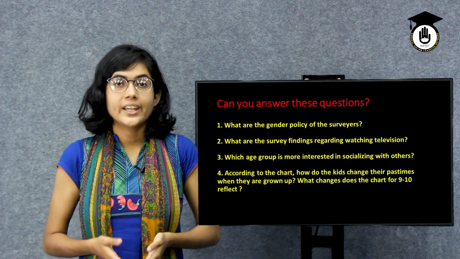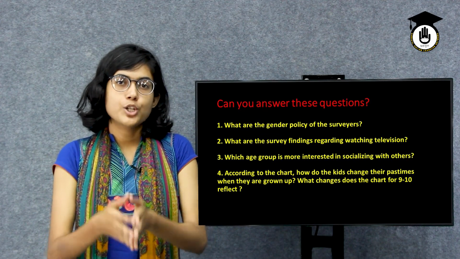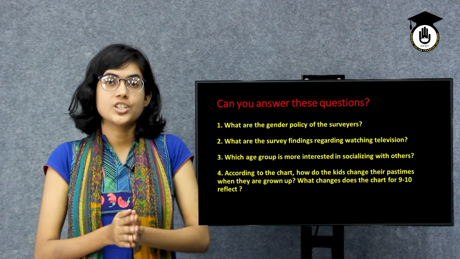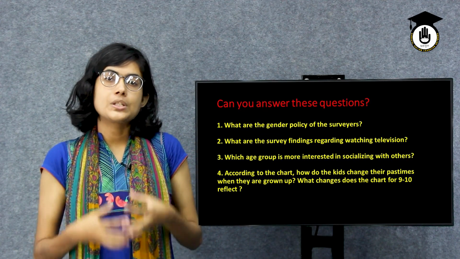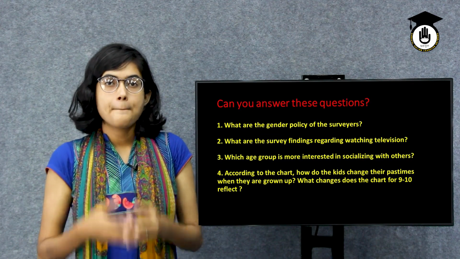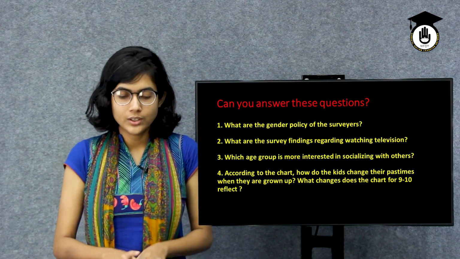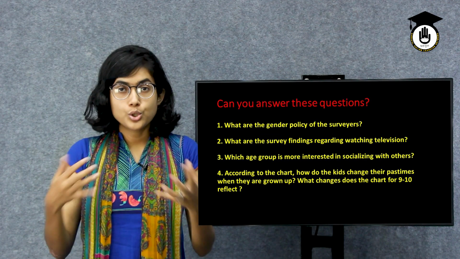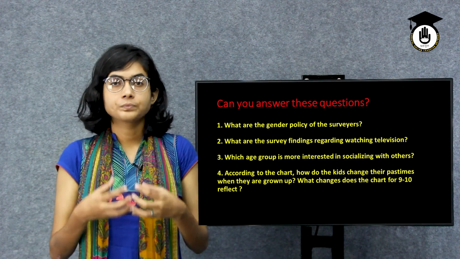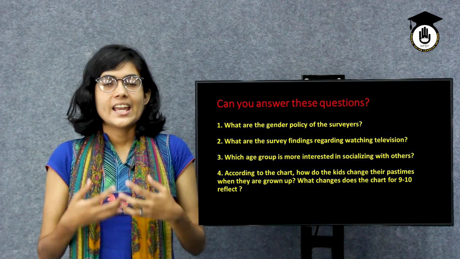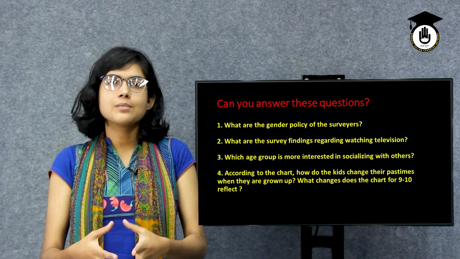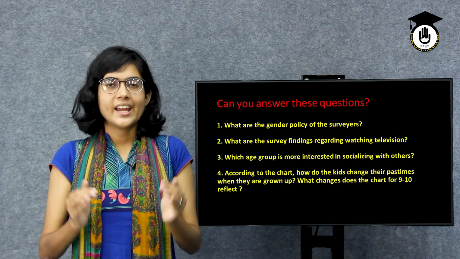But the more they get aged, the more they go for fields or gym. They really want to do some physical activities for their pastime. This is how the chart reflects the changes in pastime preferences in two different age groups.